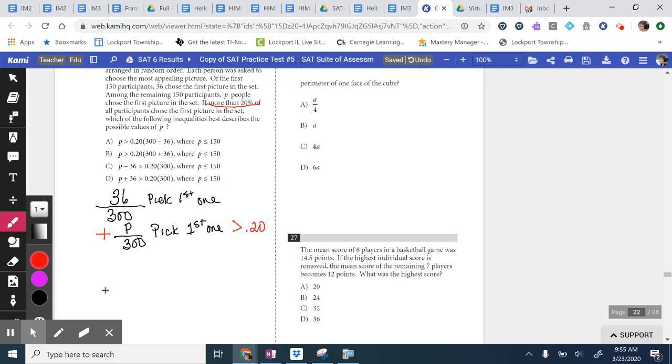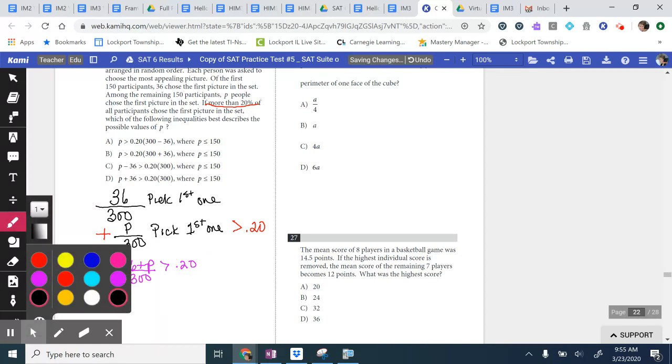Well, we've got a common denominator, so we could rewrite these two fractions as one fraction: 36 plus P over 300 is greater than 20%. Remember, we want to solve for P, although I'm noticing there are 2 that solve for P and 2 that don't have P isolated, but none of them have a fraction.